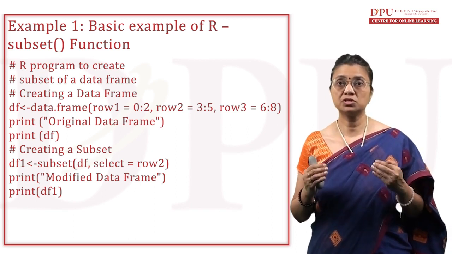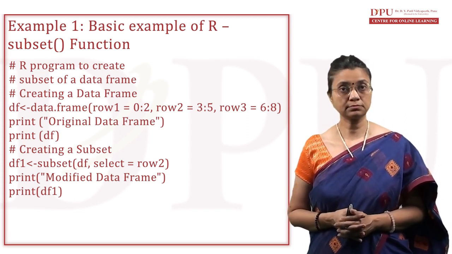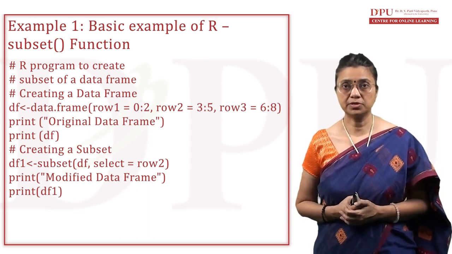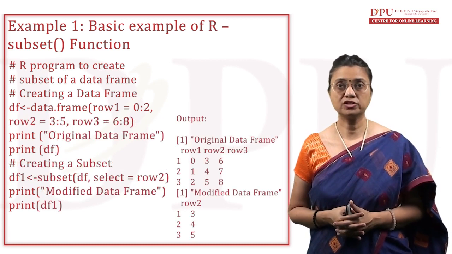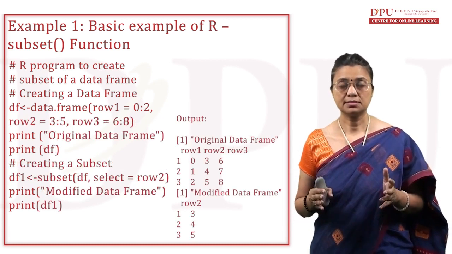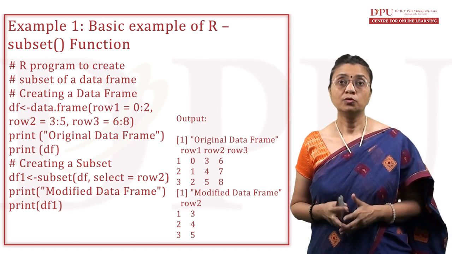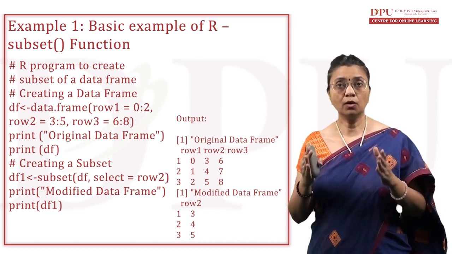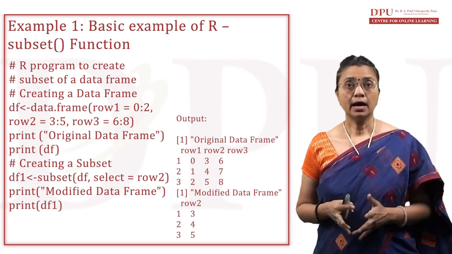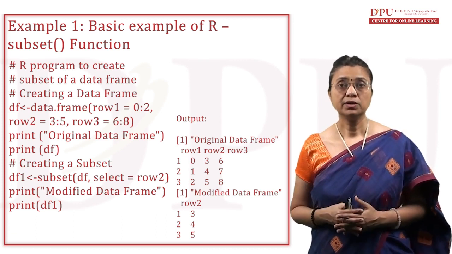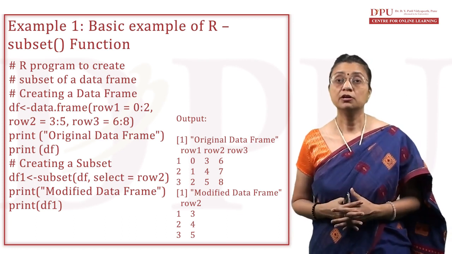First we print the original data frame, and with the print command it comes as output on the screen. Now, how to create a subset? Very easily. We are creating a subset by calling the function subset, as you can see over here. Within brackets I pass df, comma, select equals row 2, which means I am selecting row 2. So now only row 2 will be projected on the screen. Then I write print modified data frame, which means I'm printing the caption modified data frame for the readability of the user.